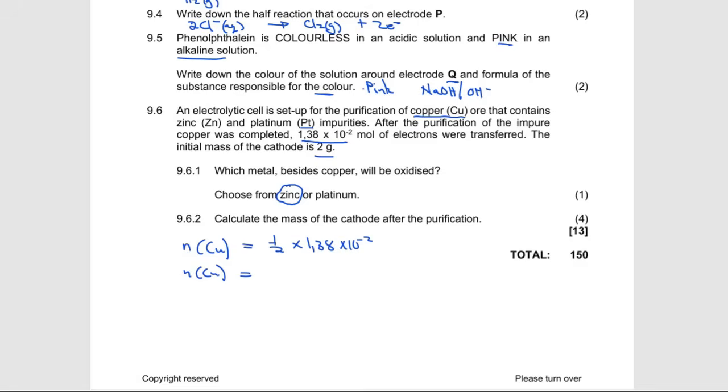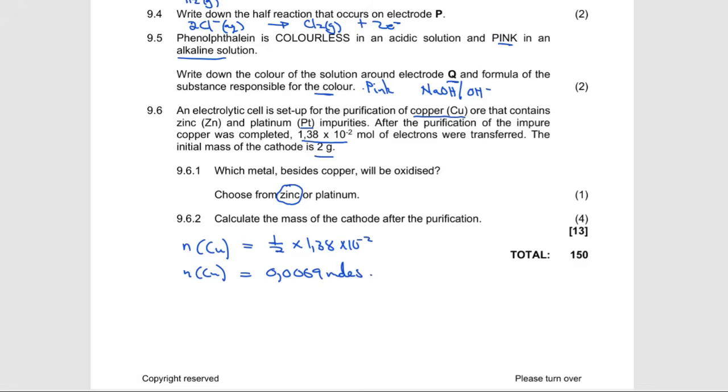So if I take half of this, 1,38 times 10 exponent negative 2 divided by 2, I get a value of 0,0069 moles.